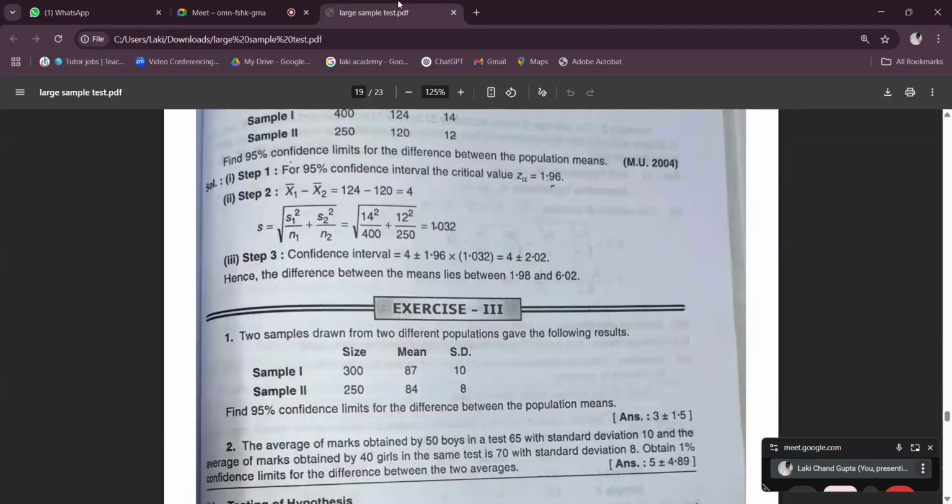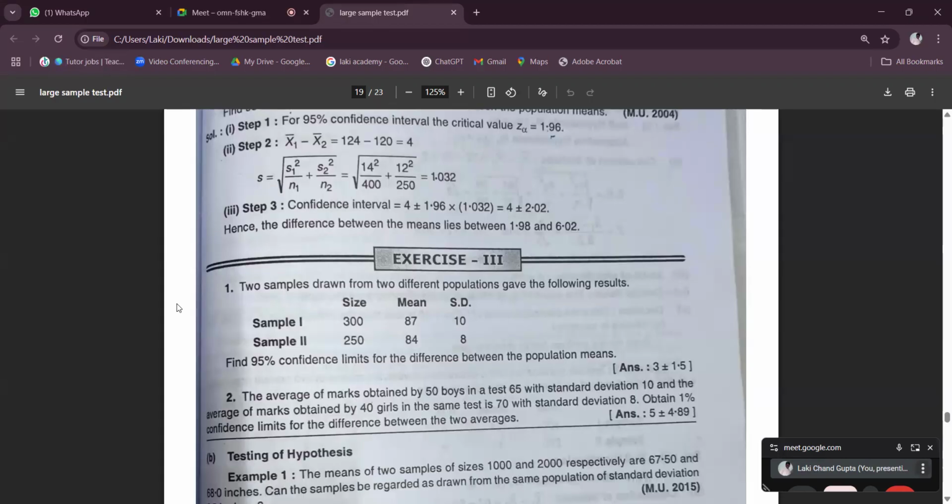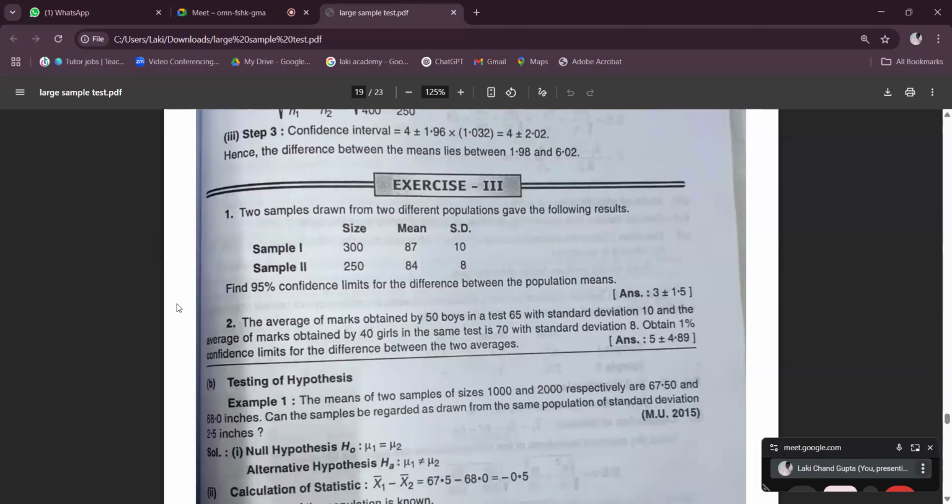Five point five. It's coming. Okay. Do one last question. The average of marks.